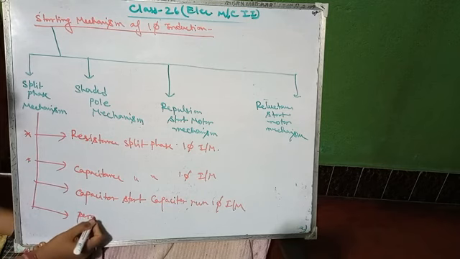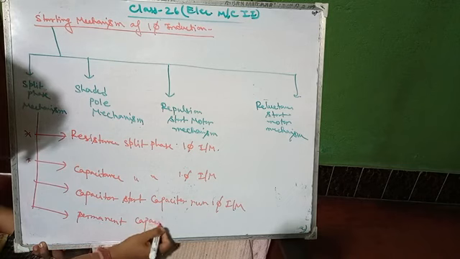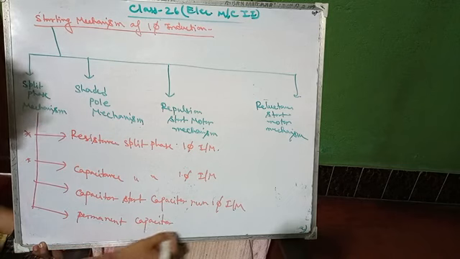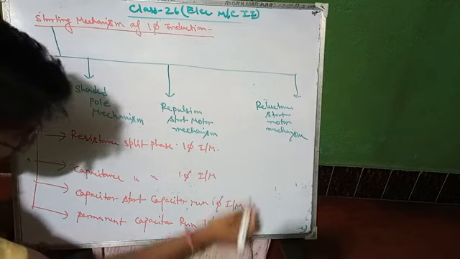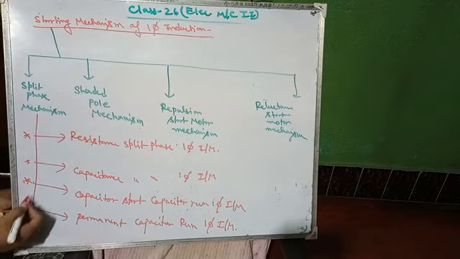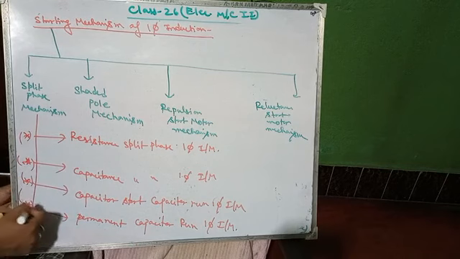And last one, permanent capacitor run single phase induction motor. Okay, so these 4 are most important and we have to discuss them in detail, and they belong to your syllabus also.